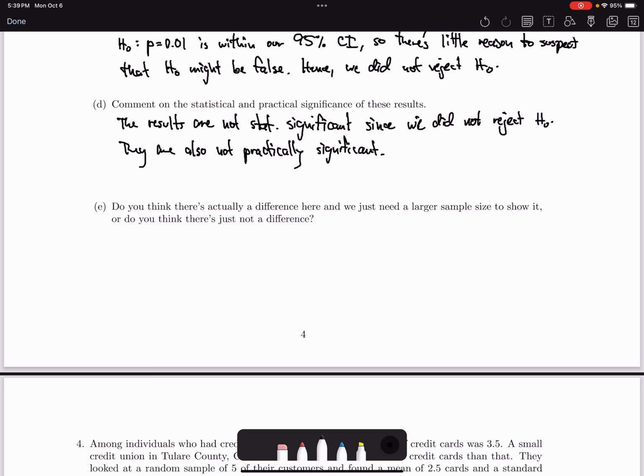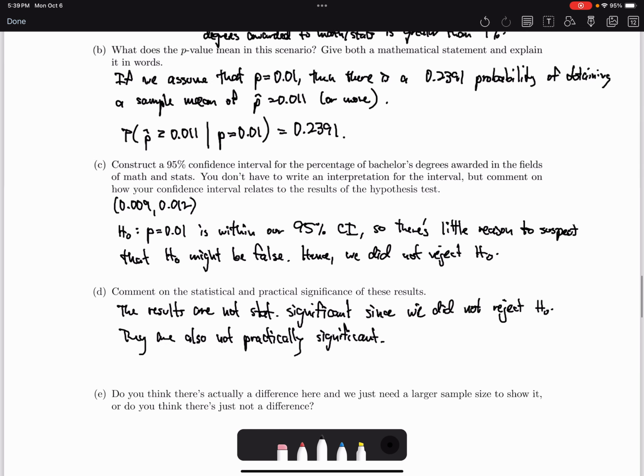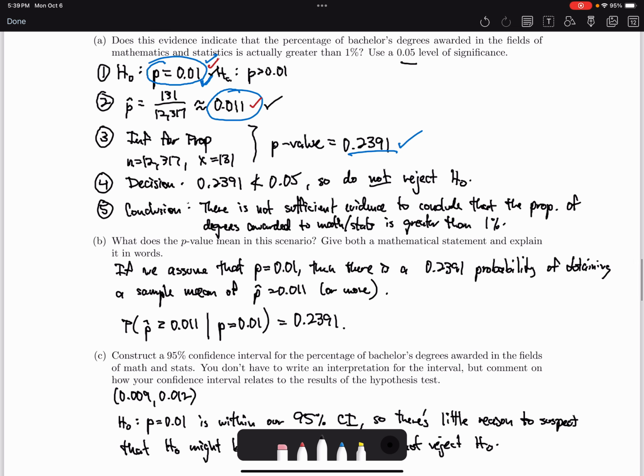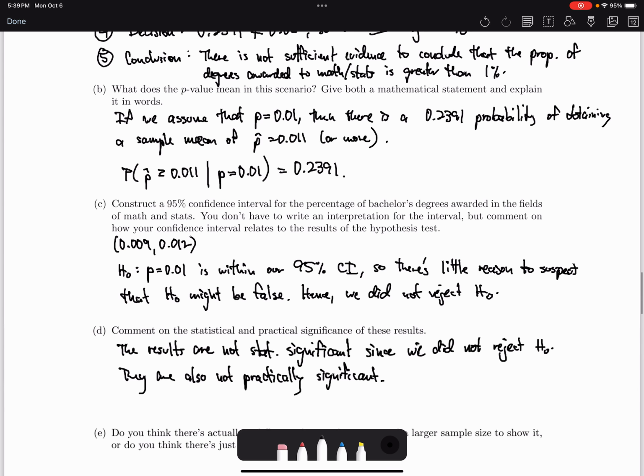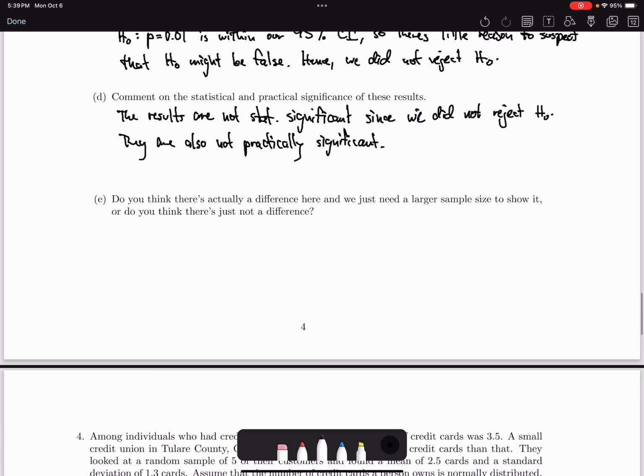Okay, part E. Do you think there's actually a difference here and we just need a larger sample size to show it? Or do you think there's just not a difference? Well, recall that our sample size was 12,317. That's a huge sample size. So I don't think sample size is the issue here. I think it's just that there's really not a difference, okay? Sample size is not an issue here.